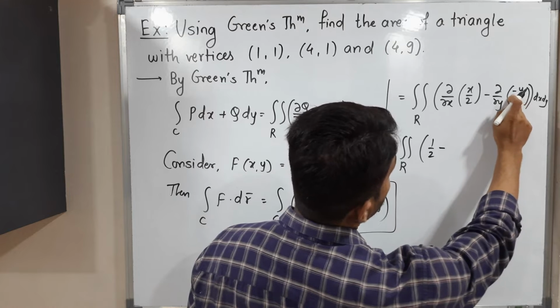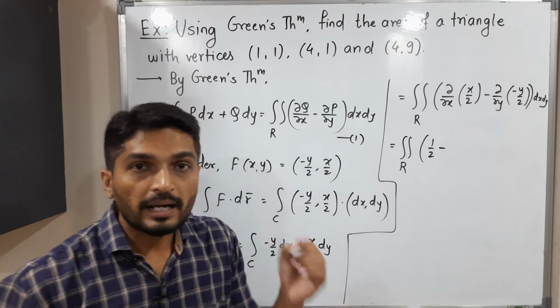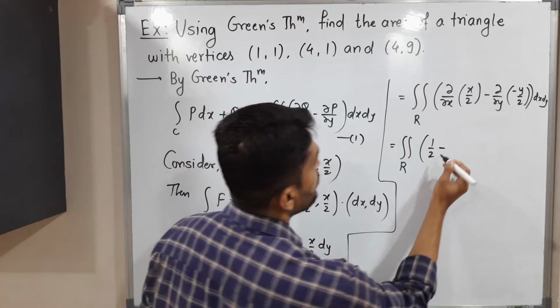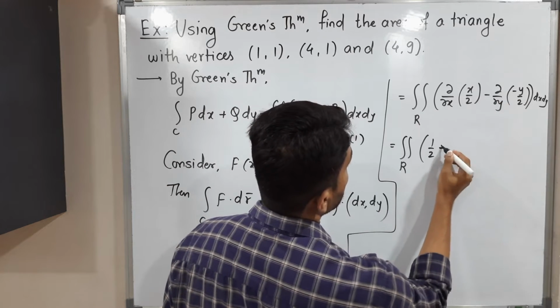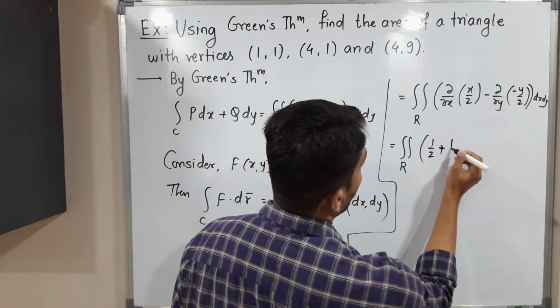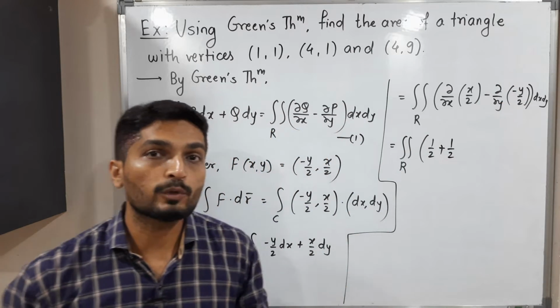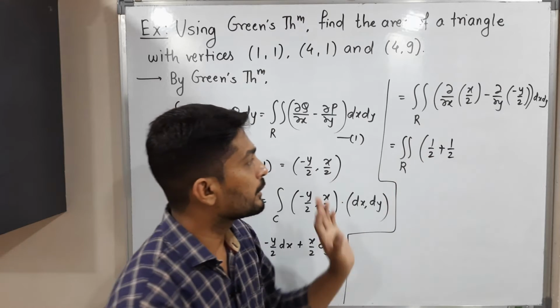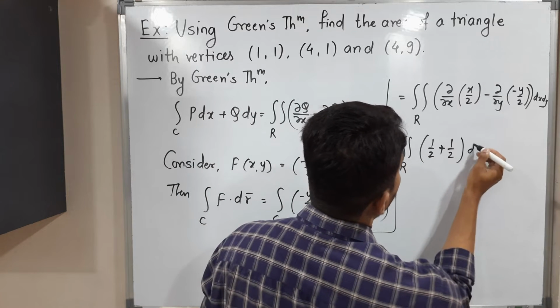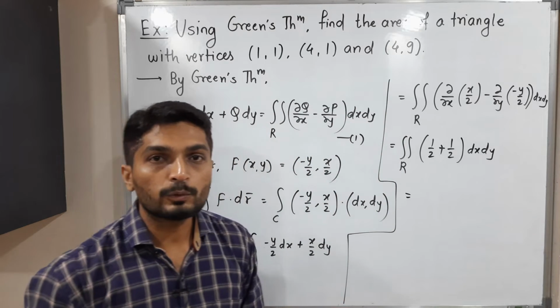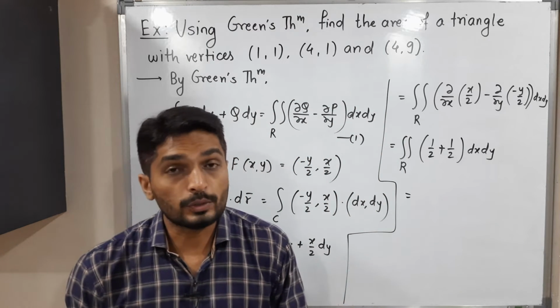Minus, you can easily see there is a minus sign, so when you take the derivative the minus sign will come outside. So minus and this minus, minus minus is plus. Here also we have 1 by 2, it will come outside. The derivative of y with respect to y is 1. So 1 by 2 into 1 we will have 1 by 2, dx dy. Will you tell me 1 by 2 plus 1 by 2? It is 1.